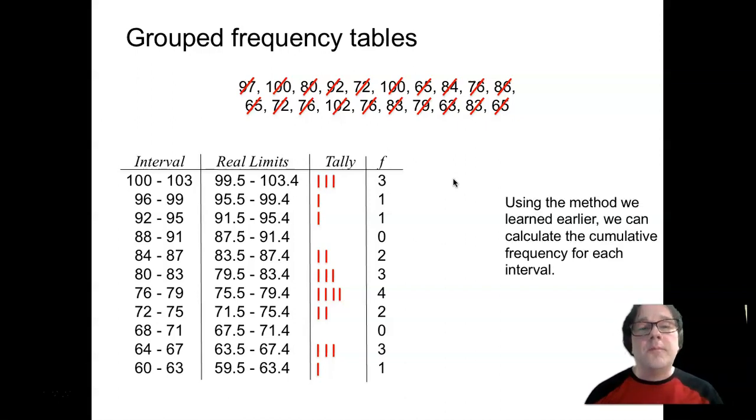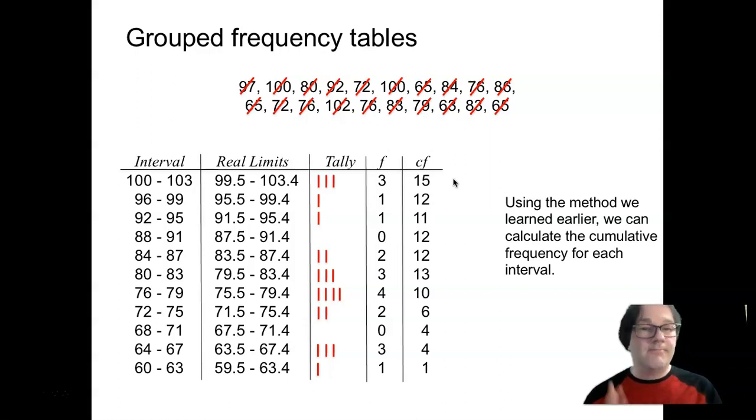Now, using the method that we learned earlier, we can calculate the cumulative frequency for each of these class intervals. How do we do that? Remember, it's pretty easy. You start with the bottom. I filled it all in here, but you just start with the bottom score and add it up, right? So for the first class interval, the cumulative frequency is just 1, because that's all that was there.